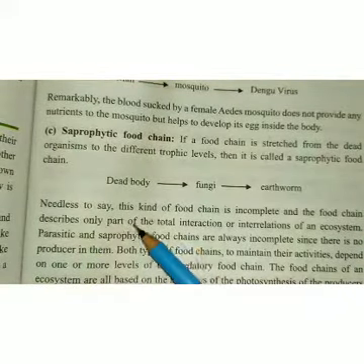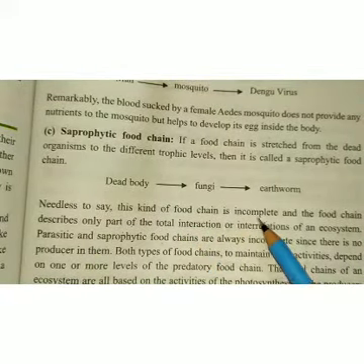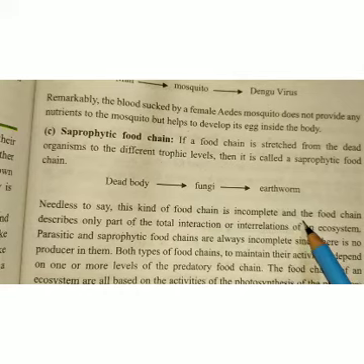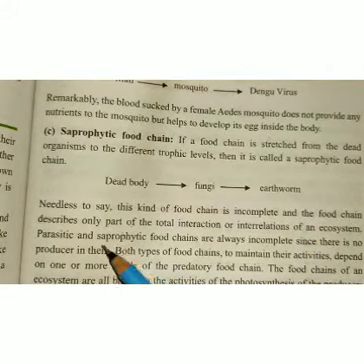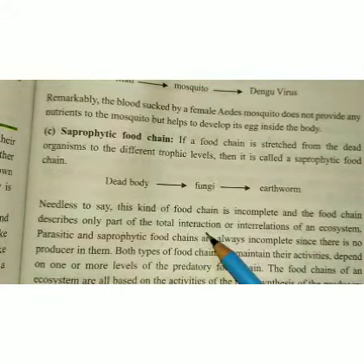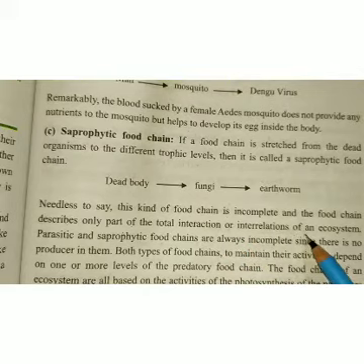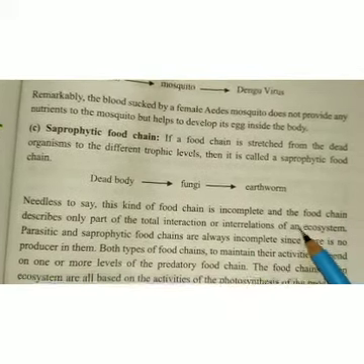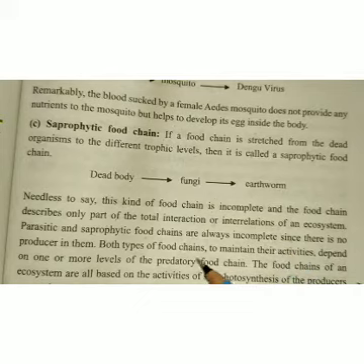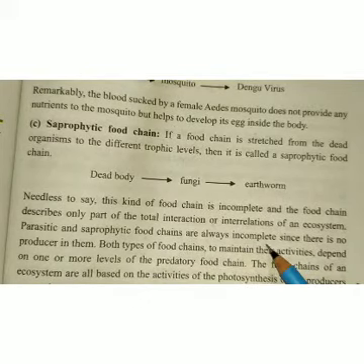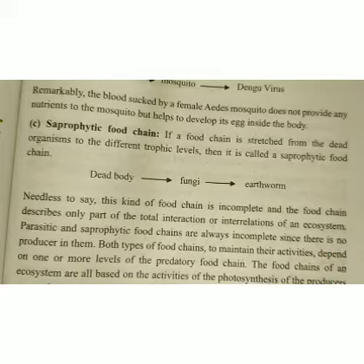Needless to say, this kind of food chain is an incomplete food chain, and a food chain describes only part of the total interaction or interrelation of an ecosystem. Parasitic and saprophytic food chains are always incomplete since there is no producer in them.